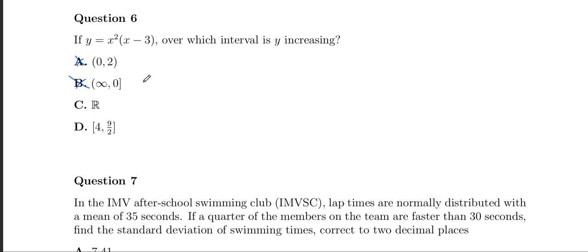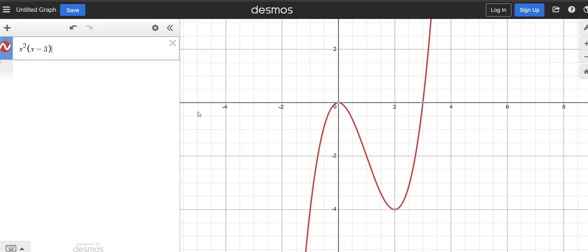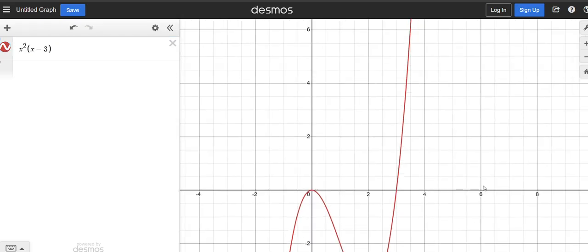So it's actually, I think they meant to write negative infinity, not infinity to 0. But if it was negative infinity to 0, not including, then that would be the answer. Obviously not R, so the answer must be D, 4 to 9 on 2. So I'll choose somewhere there.